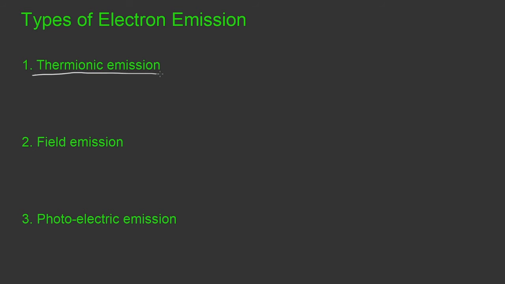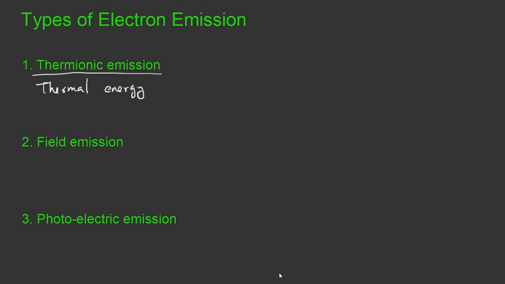1. Thermionic emission. When a metal is heated to a high temperature, that means thermal energy is given, then electrons get thermal energy and are able to escape from the metal surface.